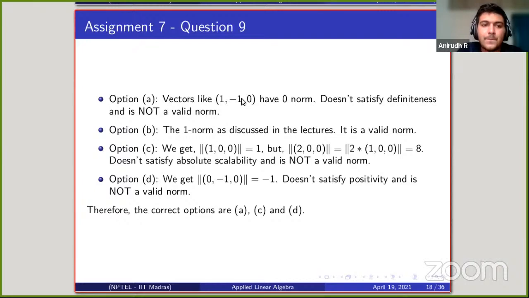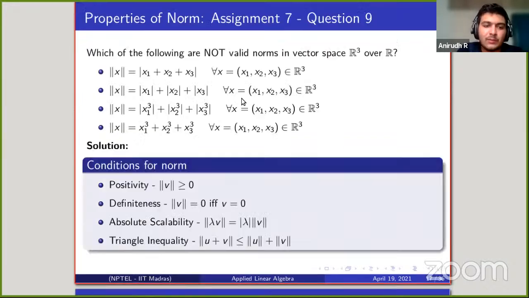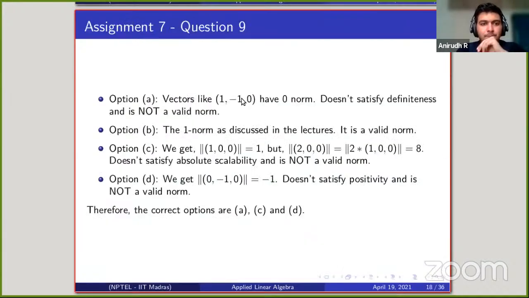So the modulus of x1 plus x2 plus x3 is not a valid norm. The second one is the sum of the absolute values, mod x1 plus mod x2 plus mod x3, which is the one norm as defined in class, and it is a valid norm.